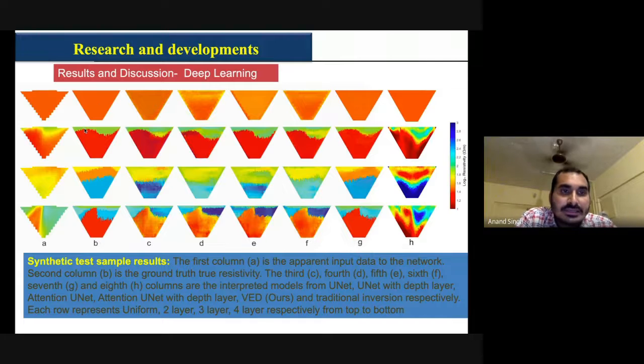You can also call it the validation model. The first column you are seeing over here is the U-Net. This is the U-Net with depth, and this is the attention U-Net with depth, and this is the VED which our student developed, and this is the traditional inversion which we kept over here.